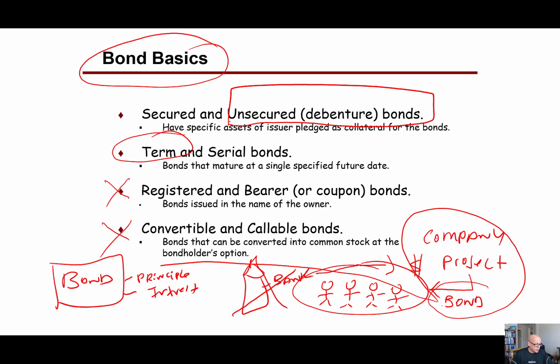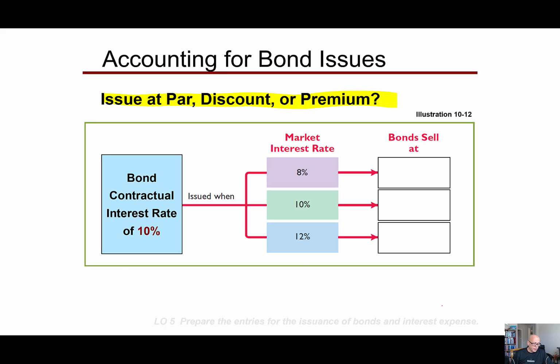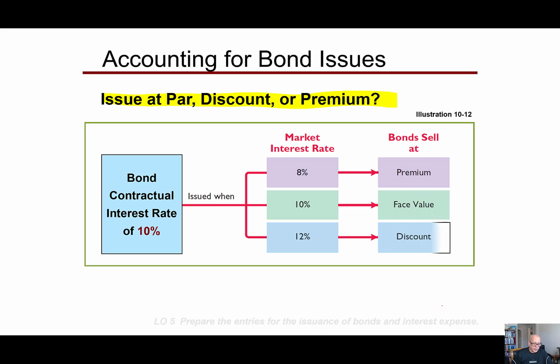So let's just take a look and do a little recollection of something we probably learned in introductory as to how you determine whether a bond will be issued at a discount or at a premium. Discount means that the bond will be issued for less than face.